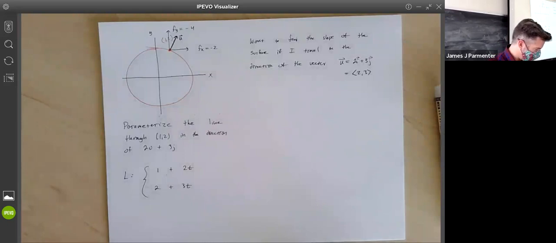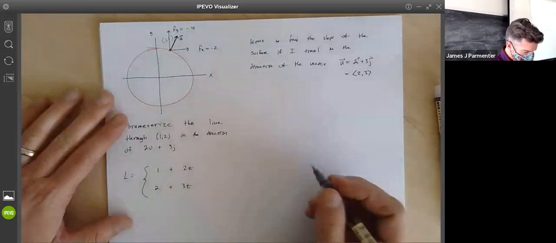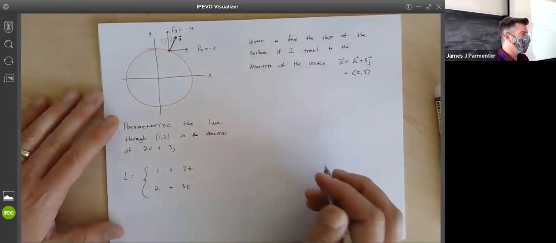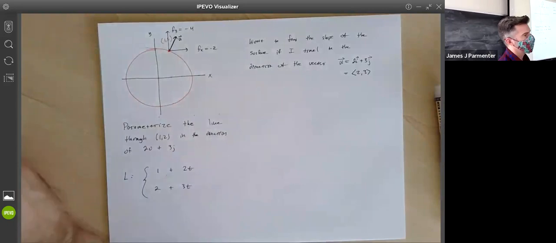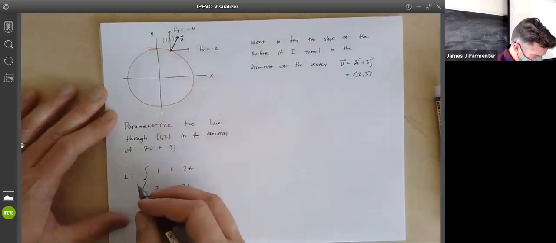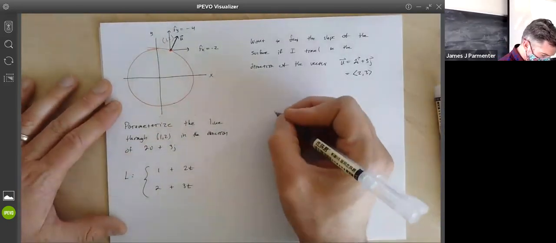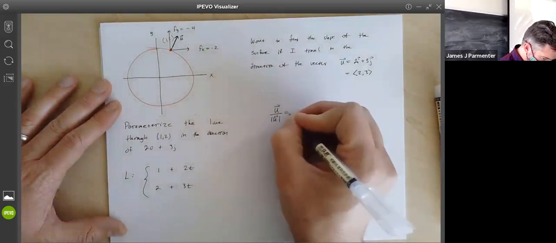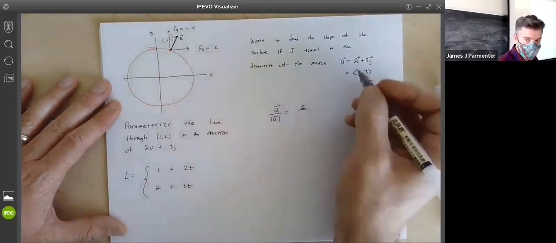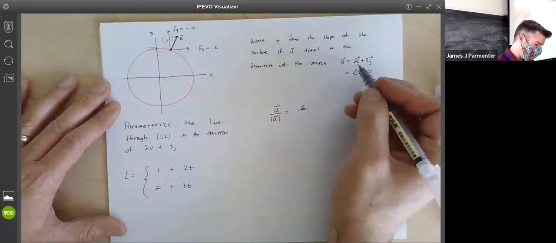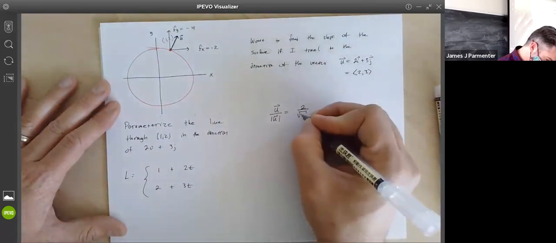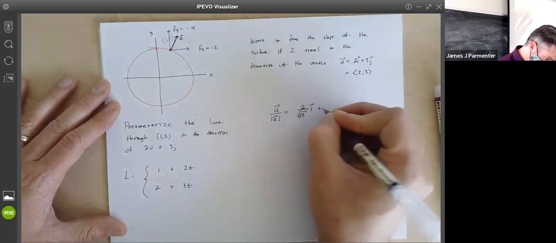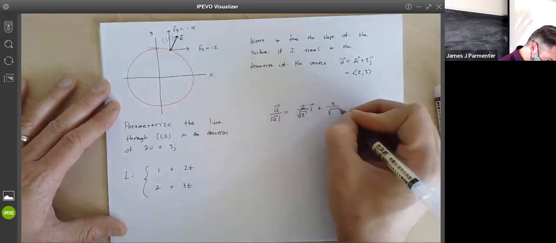Sorry, there's one thing I probably should have also done here. We probably should normalize our vector u because things work better that way. So instead of this, we're going to do it slightly differently. Let's take u divided by its magnitude to get 2 over, the magnitude of 2i plus 3j is the square root of 4 plus 9, and then 3 over the square root of 13 j.